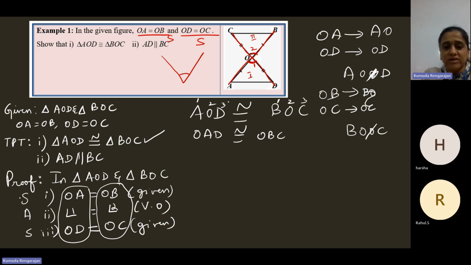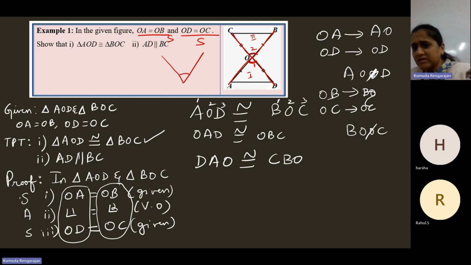So if you say 213 here, here also I should say 213, that is OBC. If you say 312, that is D, the first one, the second one, here also you should say 312, that is CBO. All these orders are correct. You can write them in different ways.